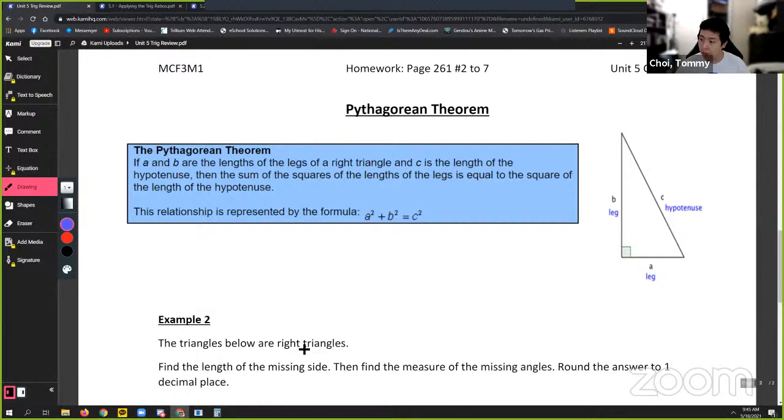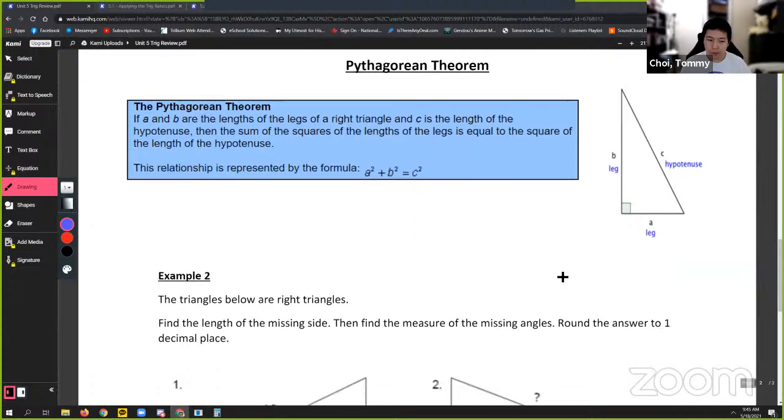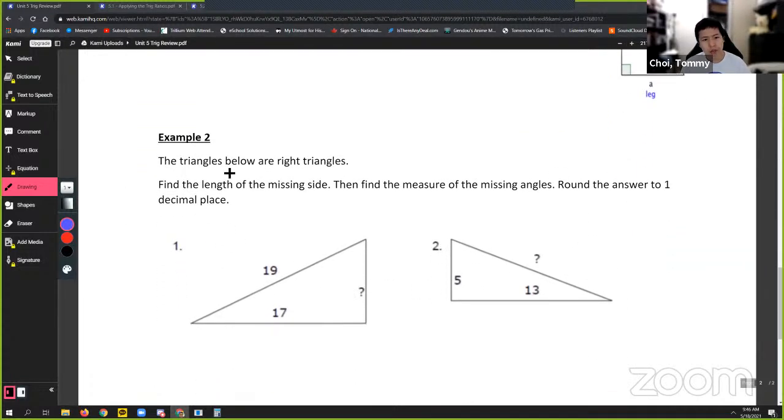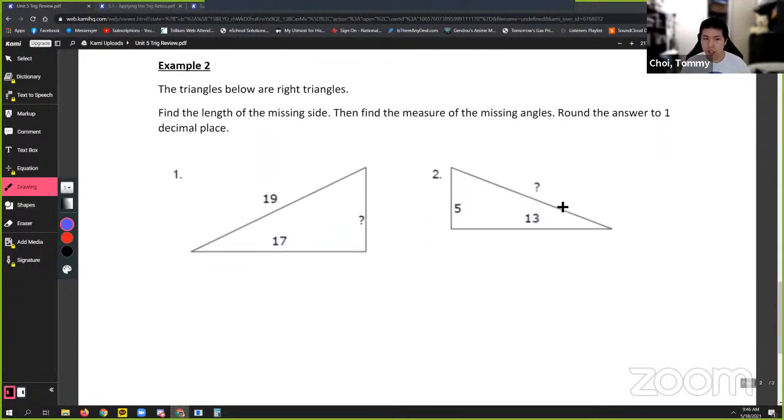There's a reason why those two steps are first: you don't want to mess up finding the hypotenuse, because if you mess that up, your whole question's wrong. And that would suck. So, it says here, hey, find the length of the missing side, then find the measure of the missing angles, round the answer to 1 decimal place.